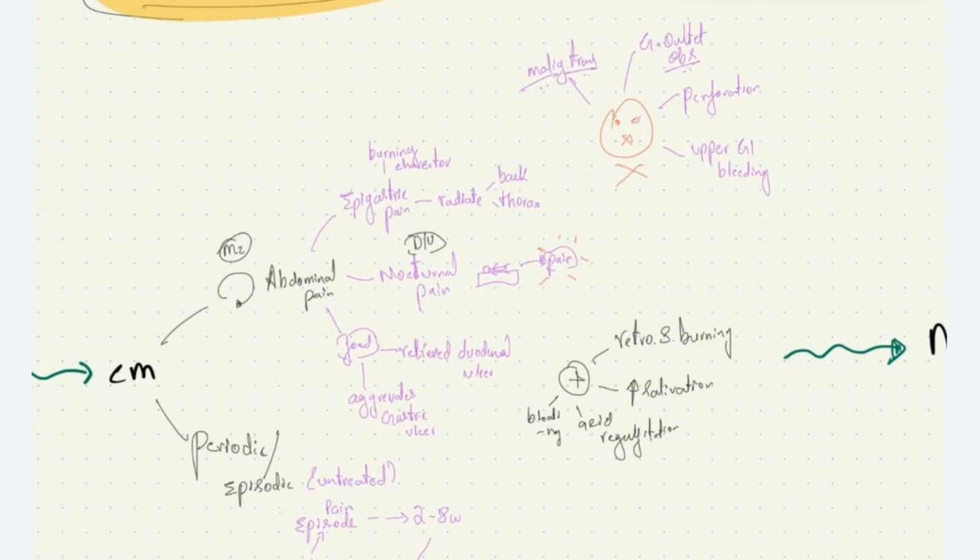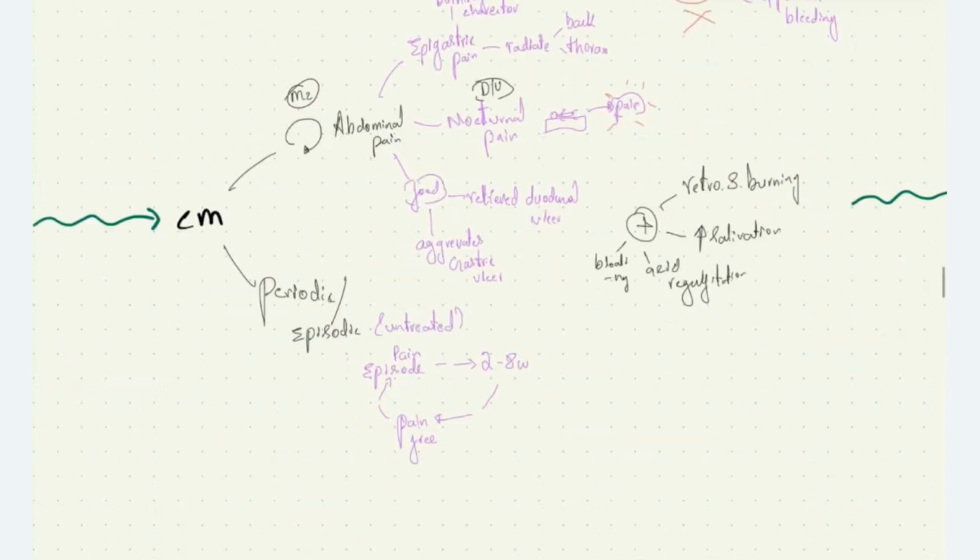Then, we have abdominal pain in relation to food. If the abdominal pain is relieved on food, it suggests duodenal ulcer. In some patients with gastric ulcer, the intake of food aggravates the abdominal pain.